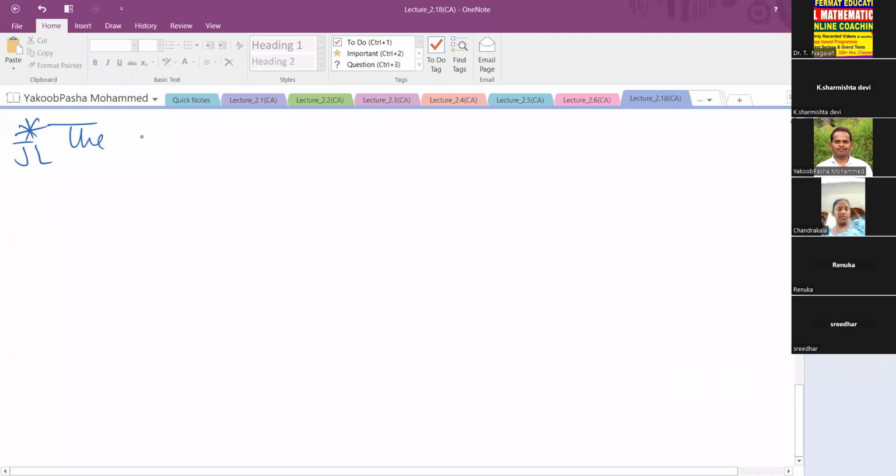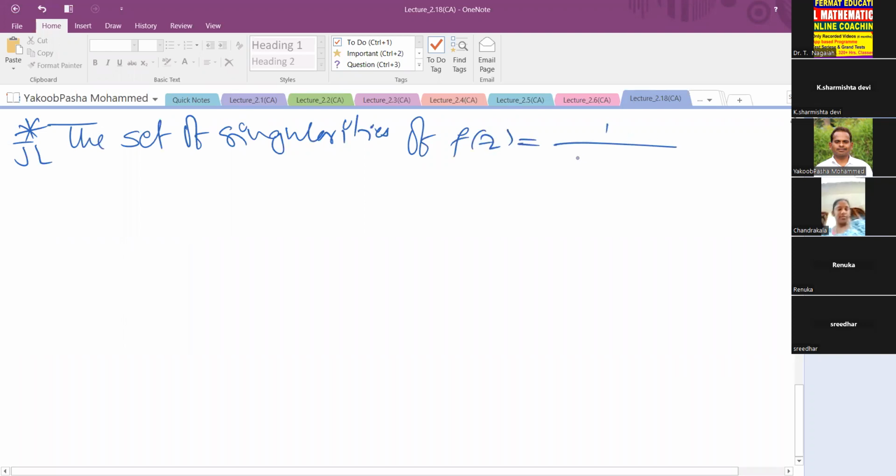The set of singularities of f of z is equal to 1 divided by z into (z square plus 4) is.